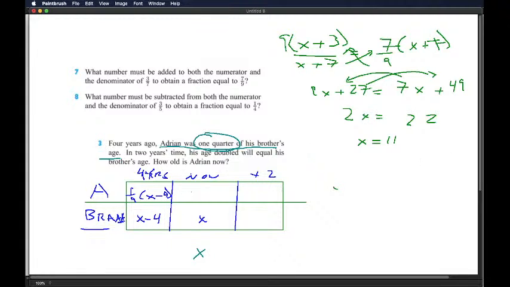So now we can fill in the now. If Adrian was 1/4 X minus 4 four years ago, now he should be whatever his age was back then, but plus 4, because now it's the now, isn't it? Douglas, do you understand why I chose his brother to be X? Is that easier?